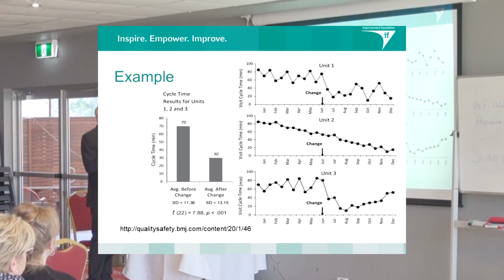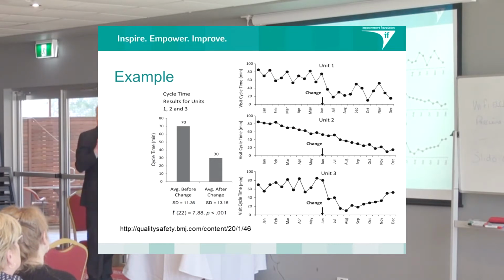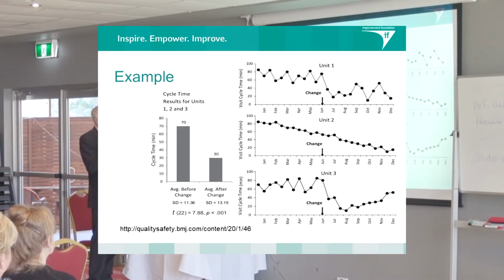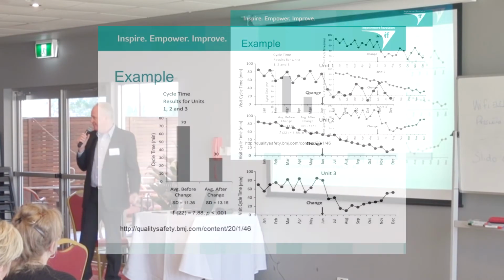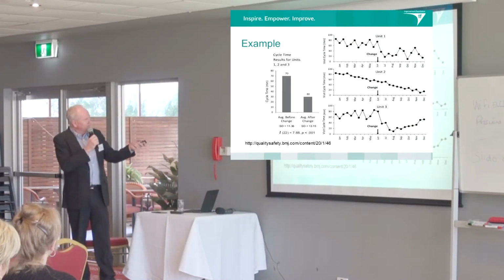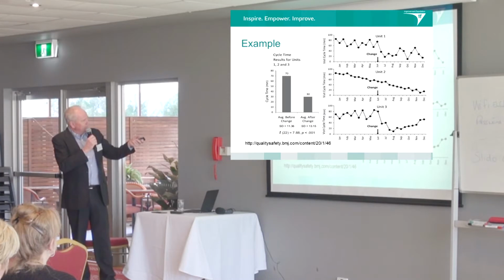This is another example, a little bit more of a research example over here and quality improvement examples here, just to point out the importance of looking at it over time and in conjunction with what you're doing in change. So we're seeing a 70 here and a 30 there, before the change and after the change, and you go, well, that's pretty sensational, assuming that a drop to 30 was what you wanted and wasn't going the other way. But that's okay, the run charts over there, there's 3 run charts.